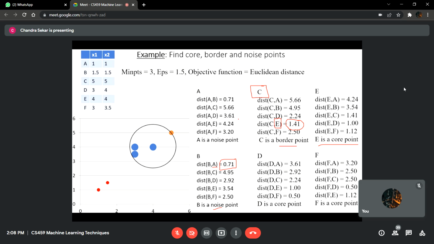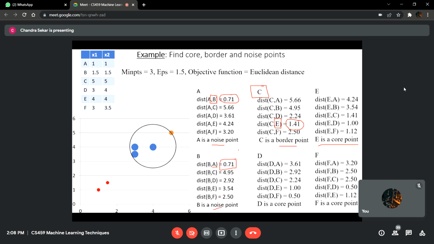And similarly, A has only one other data point within a distance of 1.5, that is B, and B is not a core point. So A cannot be a border point, it has to be a noise point. So after completing the labeling, we identify that D, E, F are core points, C is a border point, and A and B are noise points.